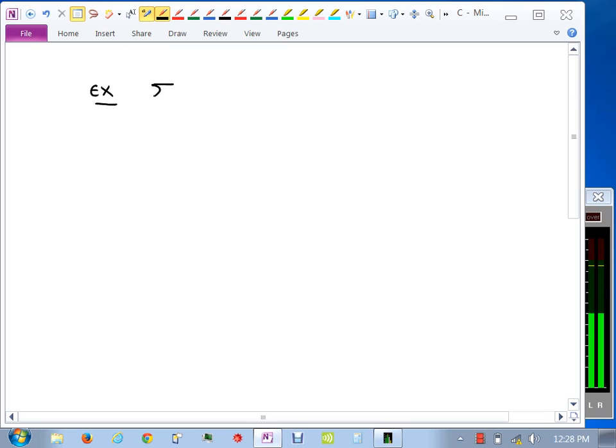Let's talk about this series here. Now you can probably see from this that you could split it into two, and you would have geometric on the first one with 2/3, and that would converge.